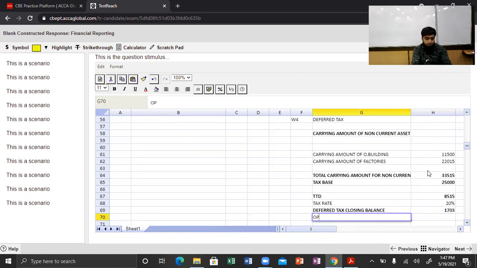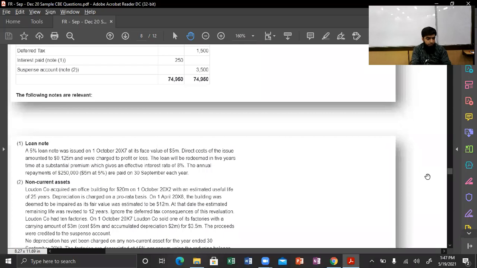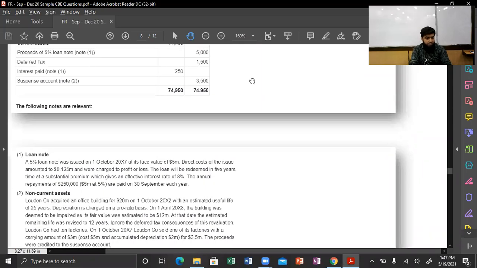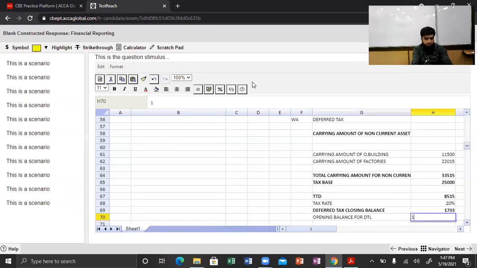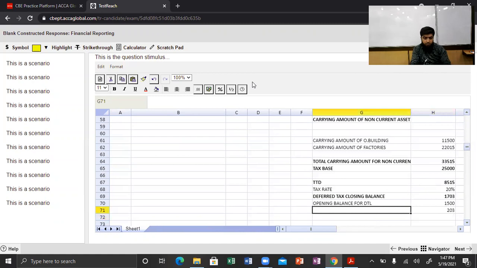And what is the opening balance? The opening balance is given in the trial balance. The opening balance for the deferred tax liability is 1,500. So the difference is the deferred tax expense.